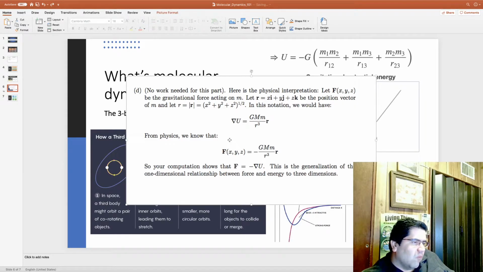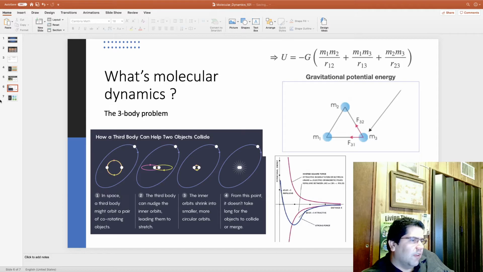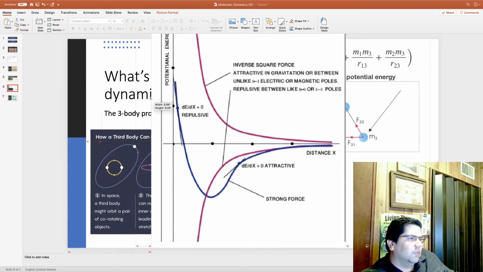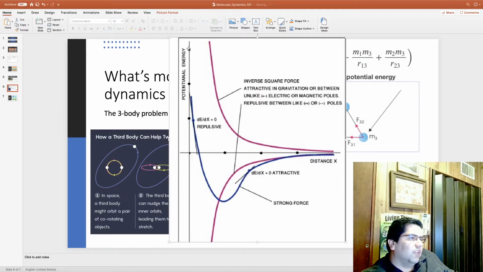When we're doing molecular dynamics, we are trying to do a numerical integration, okay? And I'm gonna increase the size of this image, okay? This is a potential energy graph, probably for gravity. So look at it.